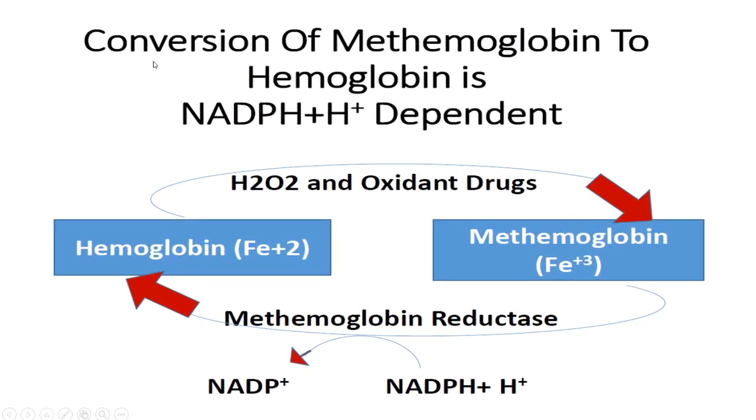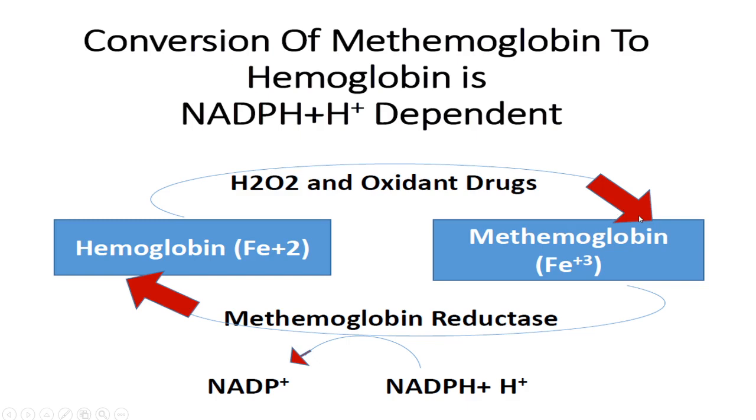Conversion of methemoglobin to hemoglobin is NADPH plus H plus dependent. As you know, functional hemoglobin is in the Fe2 plus state, and when this hemoglobin comes in contact with H2O2 or an oxidant drug, it becomes methemoglobin, Fe3 plus.